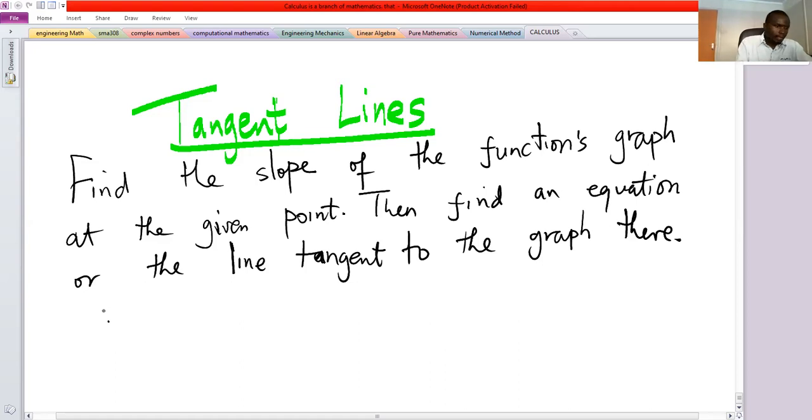So first part, f of x is given by x squared plus 1, and then at the point (2, 5).